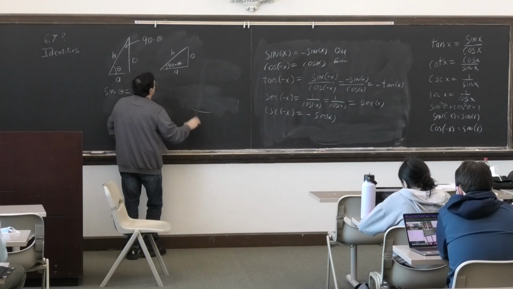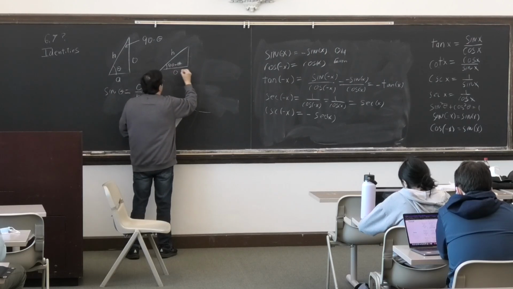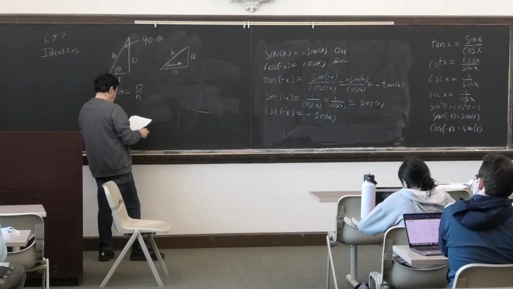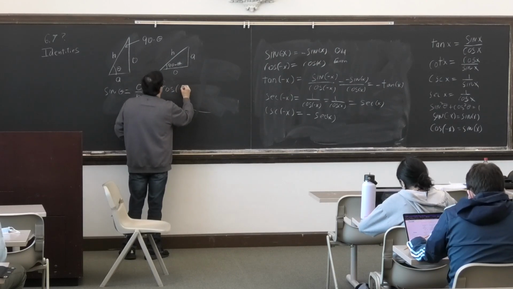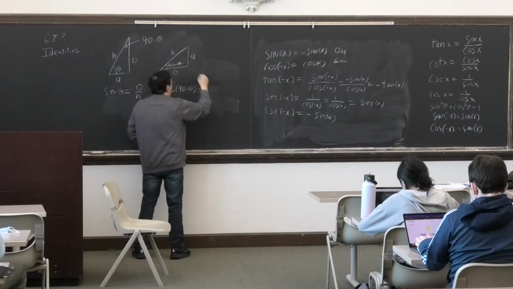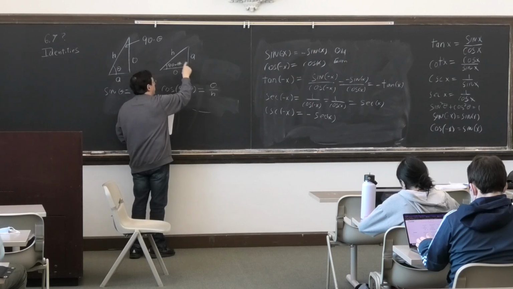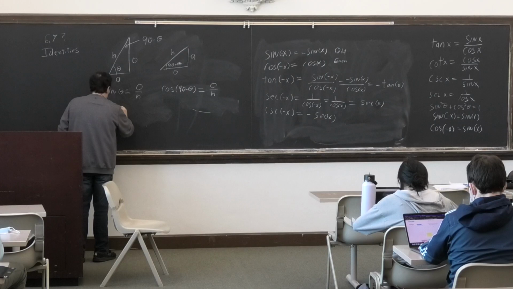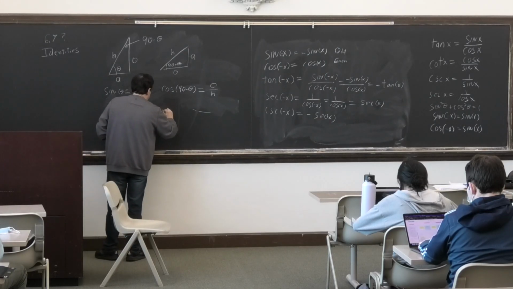I really want to rotate this around and leave these labels. Here we have the cosine of 90 minus theta is equal to opposite over the hypotenuse. Well, it's not the opposite of this angle, but it's the same always here. So immediately you see that cosine of 90 minus theta is equal to the sine of theta.